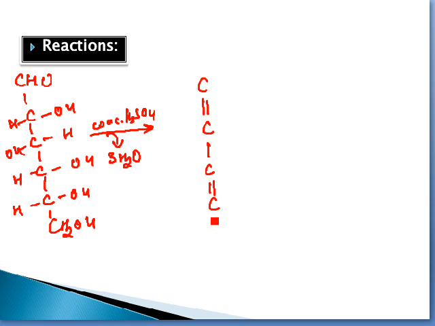Here you can see this is also a 6 carbon atom molecule, but 3 molecules of water are removed from this structure.